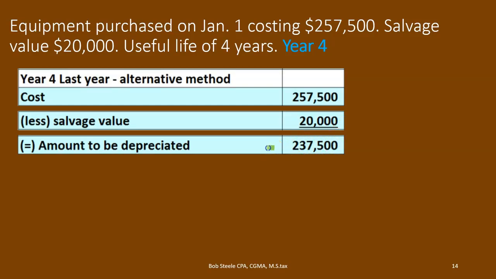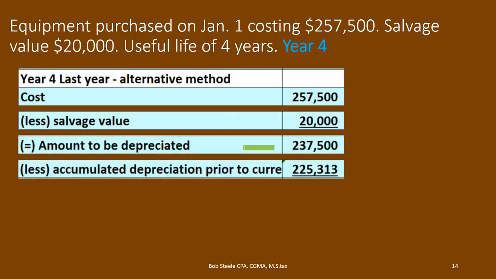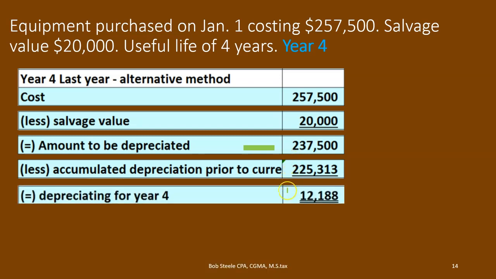We want accumulated depreciation to be here as of the end of the last year, which is year 4 in this case. Where are we at now? Well, if we look at the accumulated depreciation before year 4, we are currently at $225,313, and we want to be here. So we subtract these two, and that means we need depreciation in the final year of $12,188.